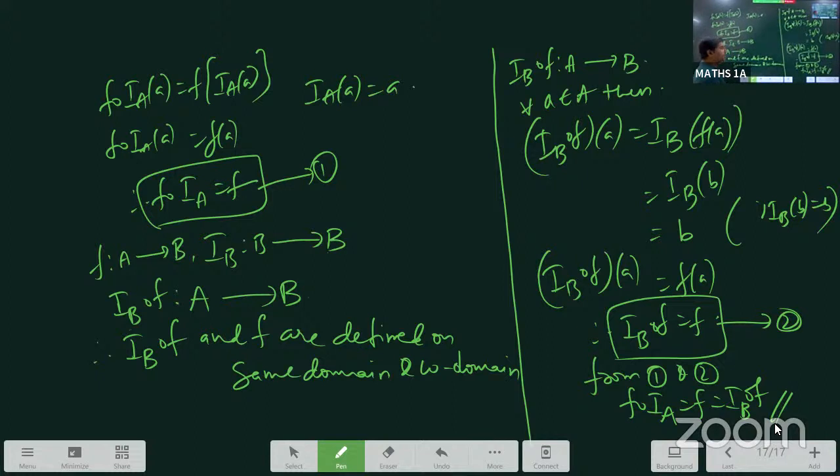And what is b? f of a only. Since f of a equals b, because f is a function from A to B. Is it clear? Right, that's it. You can have a look. Still, if you have any doubts, go through it again. I hope you understood.